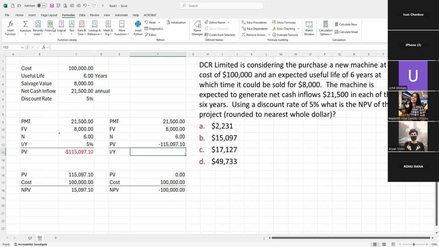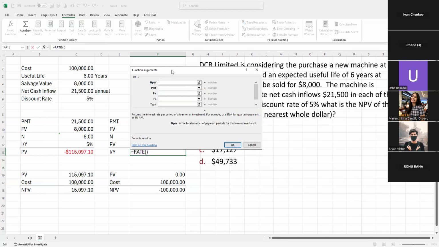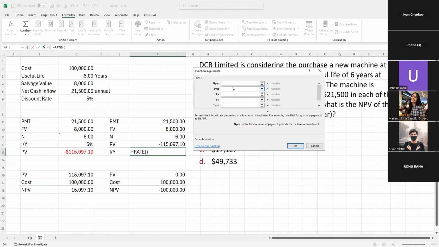So in order to find the rate, we have to see which is the formula that calculates the rate. And that's the formula that calculates the rate. Once you click on the rate, you still have to enter the same information, but now you're chasing the return. It returns the interest rate per period on the loan or investment. For example, that's exactly the same thing that we saw in the previous calculation for the present value.